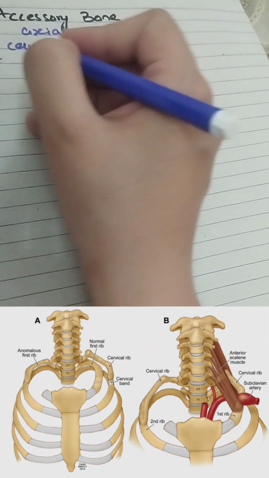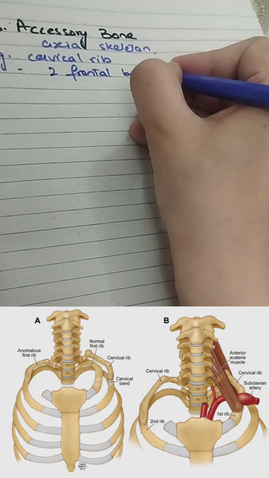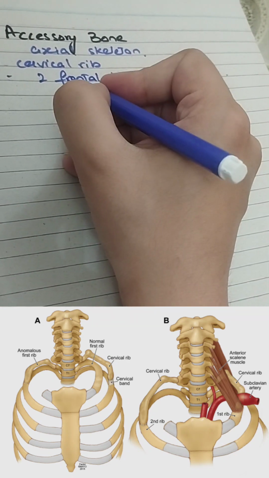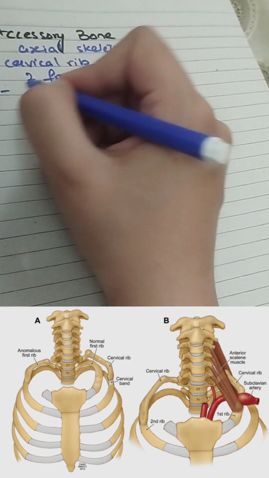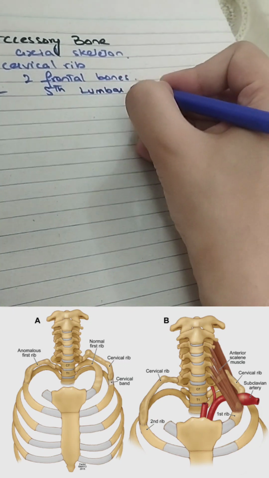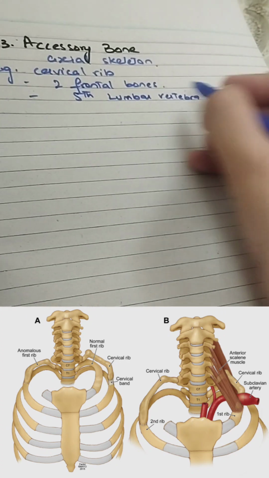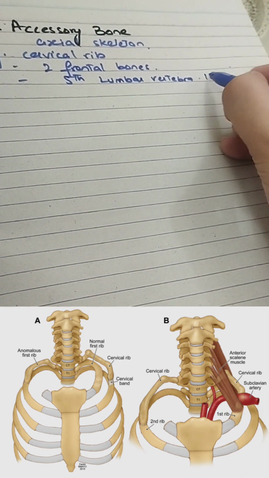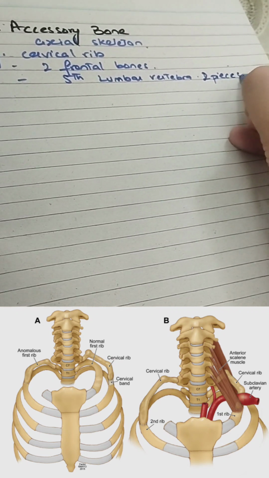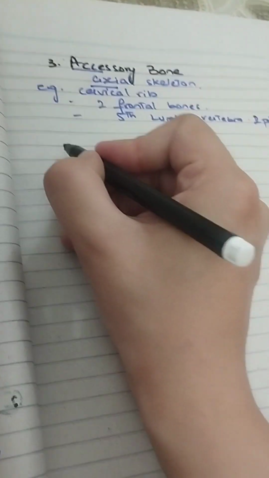Some people also have two frontal bones, which are the bones in your forehead. Some people have a fifth lumbar vertebra that occurs in two pieces. So these are all examples of accessory bones. So you have to remember accessory for axial. Otherwise, accessory and supernumerary can be grouped together also.